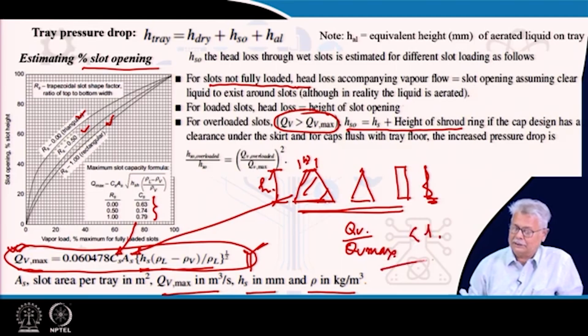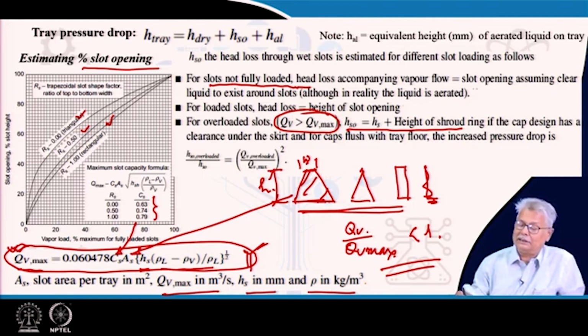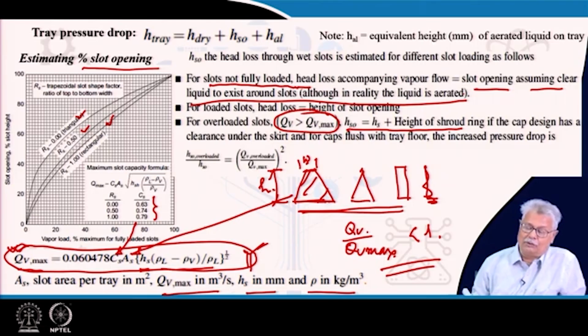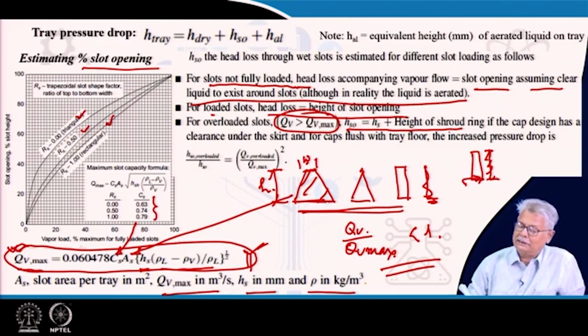If it is less than 1, it is not fully loaded, that means you have a partial opening of your slot. So what is happening here is the slot opening assuming clear liquid. So you find out what is going to be the pressure drop in this particular case. For a loaded slot, the head loss is equivalent to the slot opening. It is as if you have a level of liquid here. This is the level of liquid which you had. It is being pushed here and it gets removed, and this is the additional pressure drop that you have.